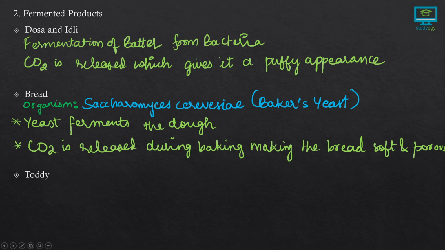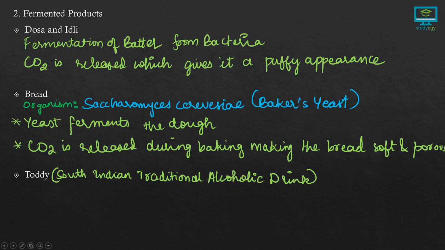Now coming to toddy. What is toddy? Toddy is a southern Indian traditional alcoholic drink. It is a liquid white in color, and again it is fermented. Toddy is formed from the sap of palm.